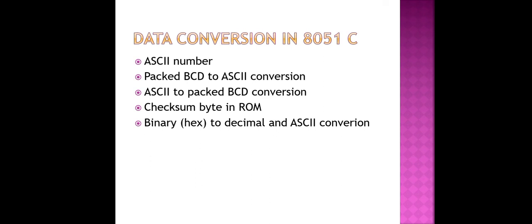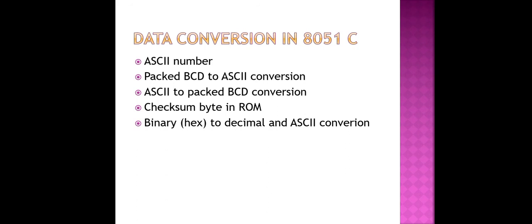To convert packed BCD to ASCII, it must first be converted to unpacked BCD. Then the unpacked BCD is tagged with 30H, that is, when the 0 key is pressed. In simple terms, when the 0 key is pressed in binary form, we get the ASCII number 0011 0000, that is 30H.